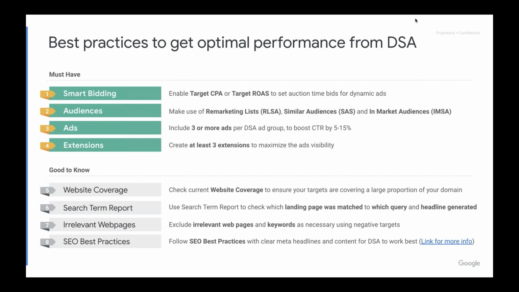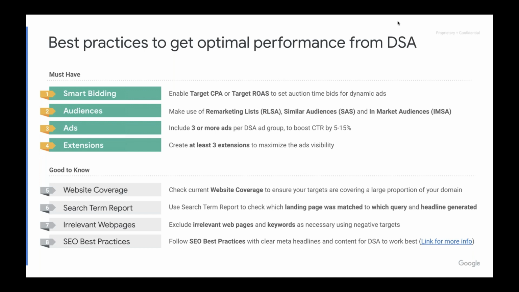Extensions, again, never hurt, making sure you have actual relevant information. Same idea as with the standard search campaigns. Definitely make sure you add those. And in terms of good to have, if you would like to completely cover your website a little bit more, you can do website coverage with the different options we mentioned before.